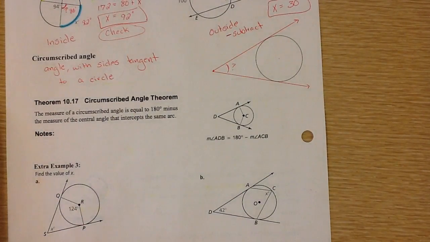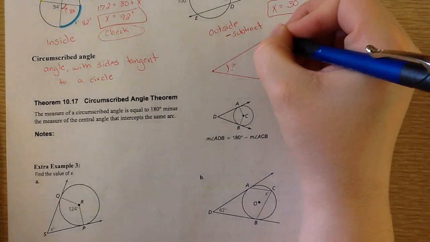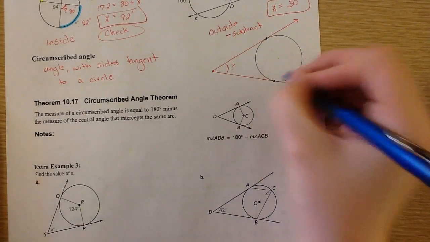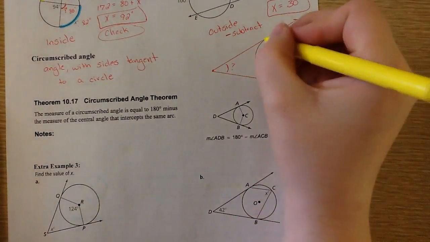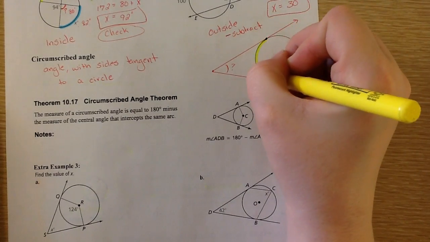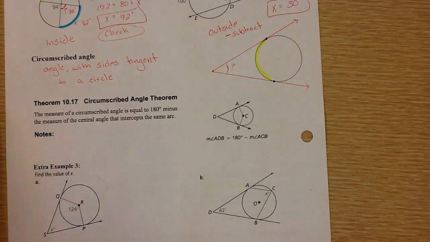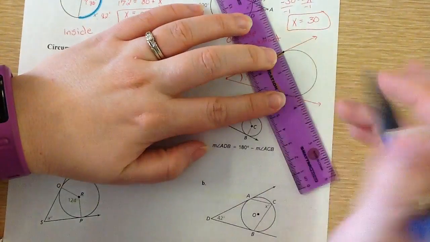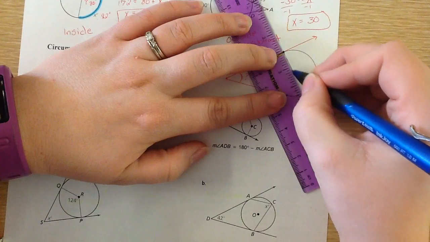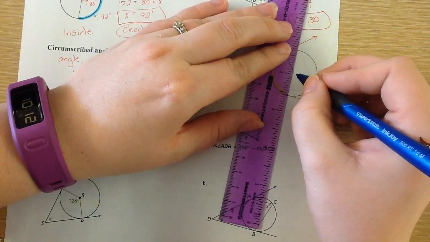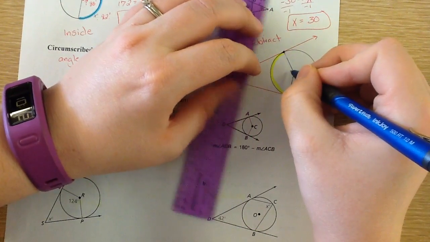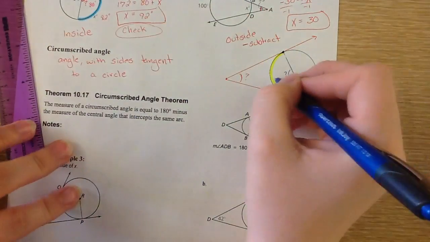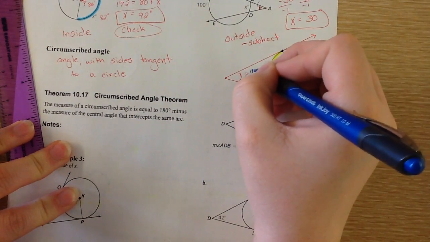So the central angle that intercepts the same arc, meaning if this is a point of tangency, this is a point of tangency, my intercepted arc is right here. So I would just need to take 180 minus that central angle. So whatever this angle is, this angle here would be 180 minus that.